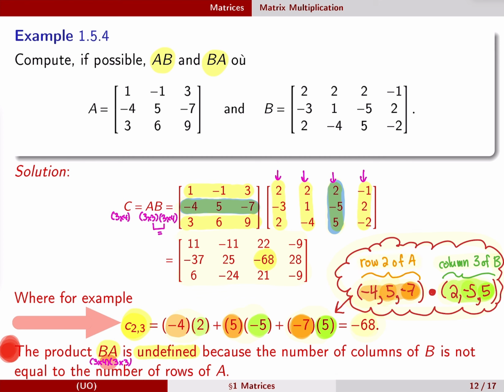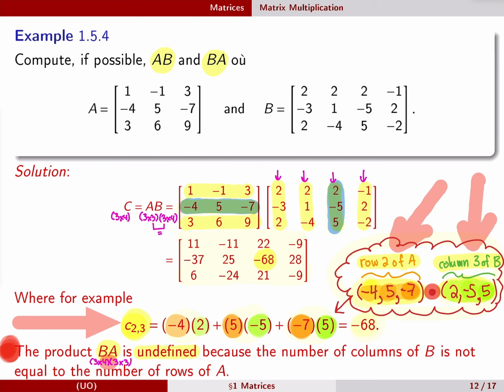So like the definition, if you are trying to compute C23, you're using row 2 of A, and that's minus 4, 5, minus 7, and you're using the third column of B, and that's 2, minus 5, 5. And then you're doing your dot product.